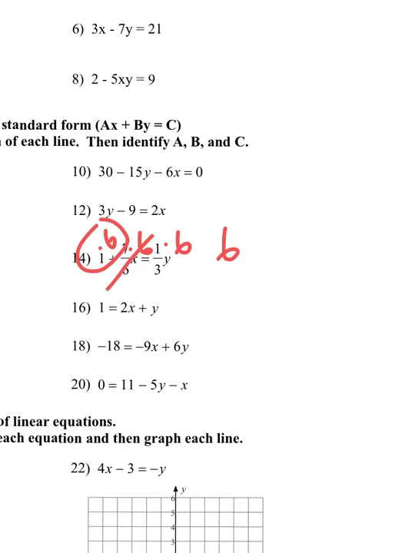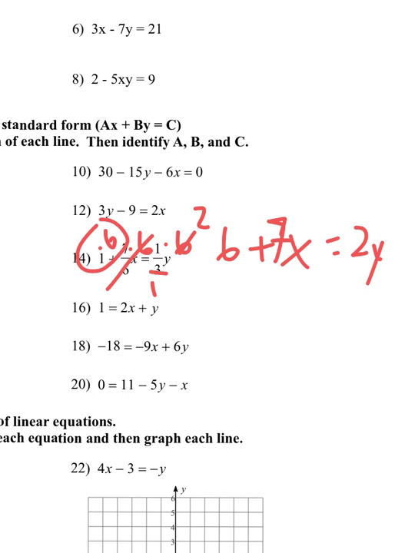Here the 6's cancel in the middle, so it's plus 7x. Okay, and then over here, 3 goes into 3 once and into 6 twice. So I have 1 times 2, which is 2y. Okay, so that got rid of the fractions.